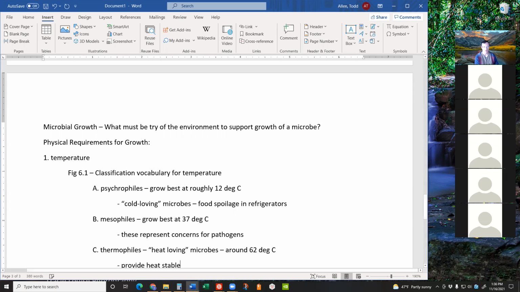Thermophiles provide heat-stable enzymes for PCR.